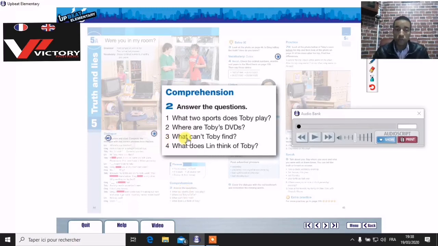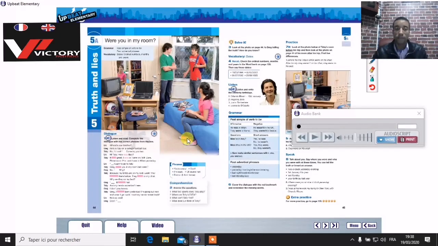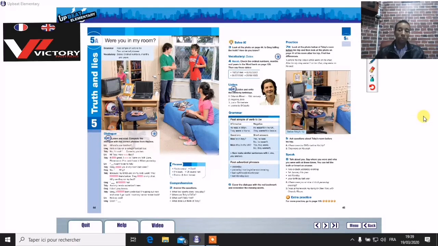I guess that you also found the answers to these questions. Now, we will move to something else, which is about vocabulary. Right, so vocabulary right here.